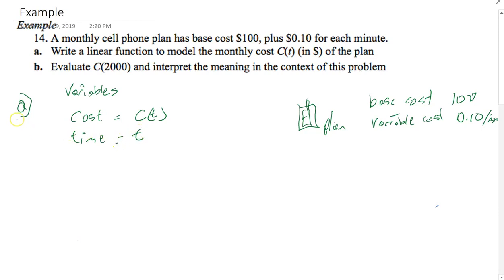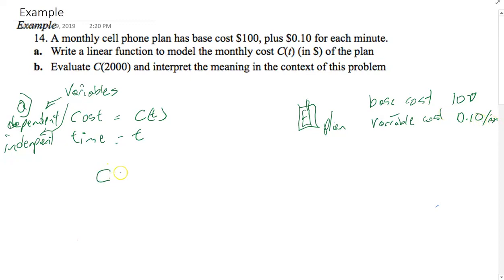So cost is our dependent variable, and time is your independent variable. What we want to do is relate C of t to t based on the numbers that we are given, 100 and 0.1 per minute.